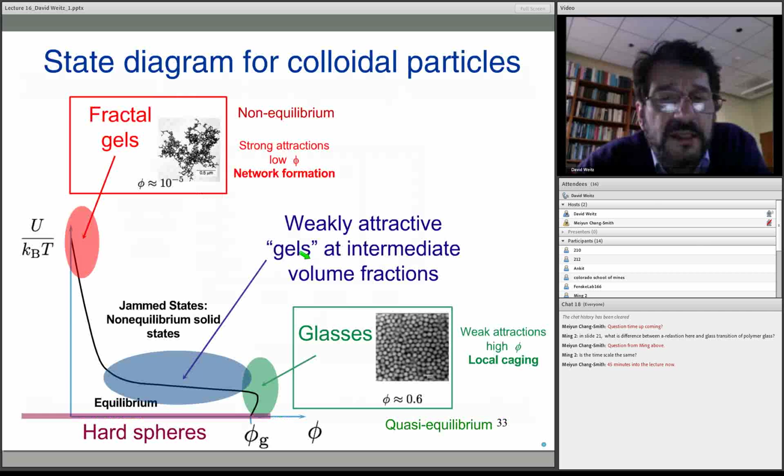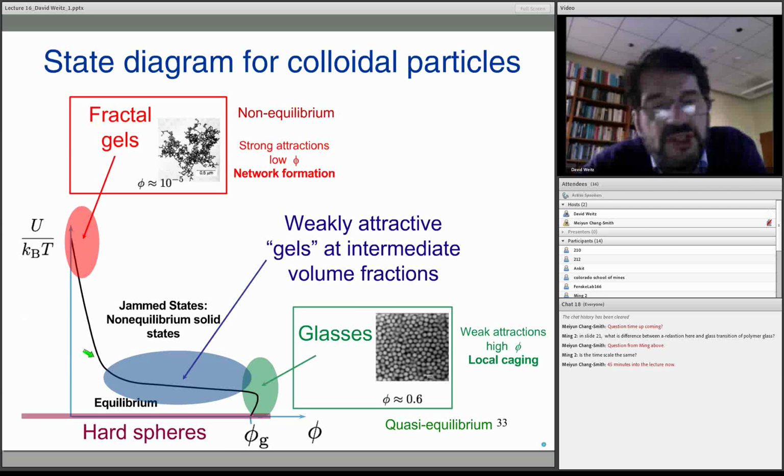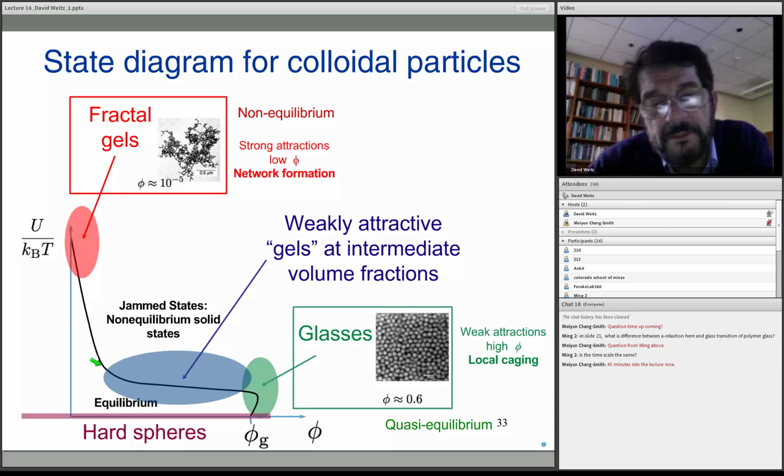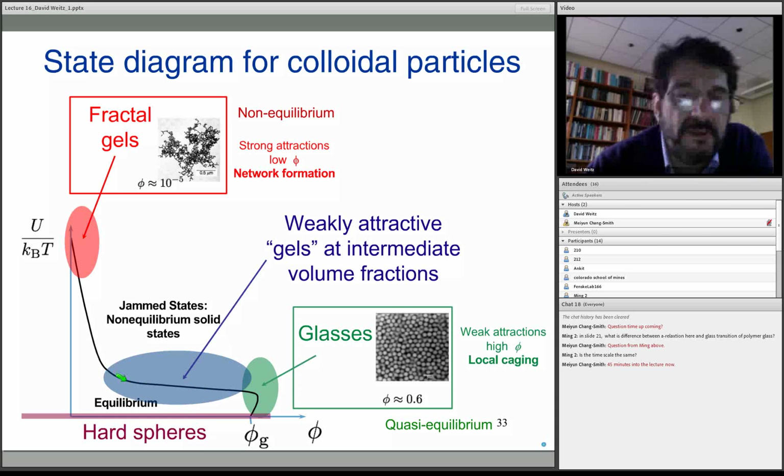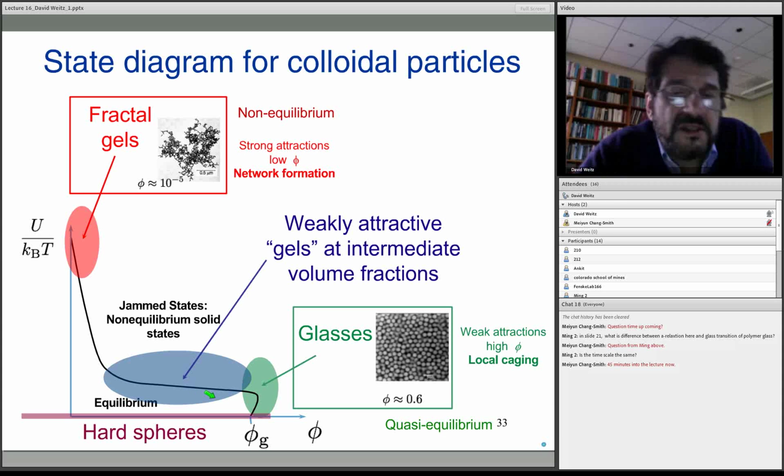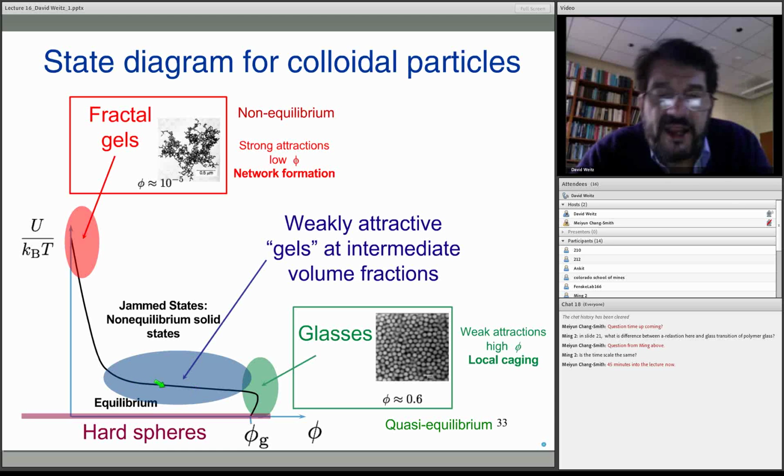So we can go back to this picture that I showed you before of the transition between these equilibrium states and these non-equilibrium states. I've talked now about this colloidal glass. We've talked about aggregation. Now let's consider the much more widely applicable and important condition experimentally and technologically. That is where the system becomes fairly crowded with a fairly weak interaction, and then over a fairly wide range of volume fractions you have this weak interaction.